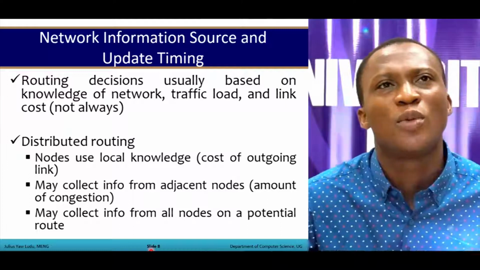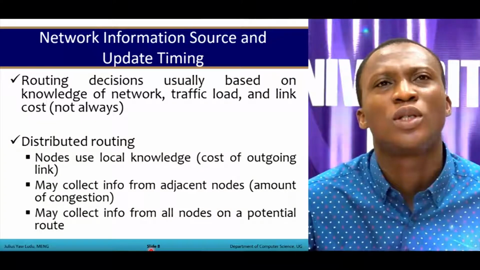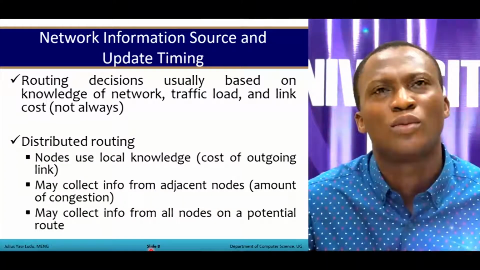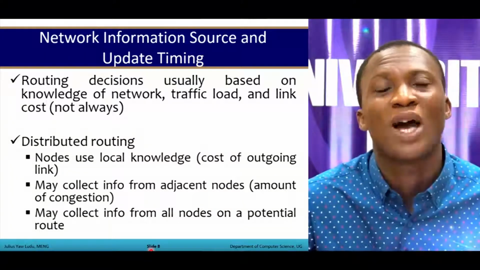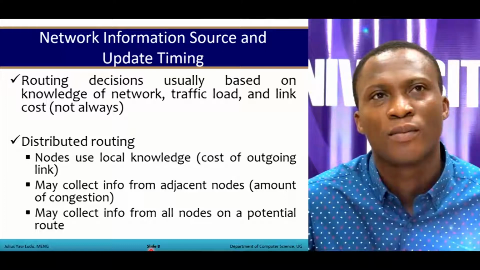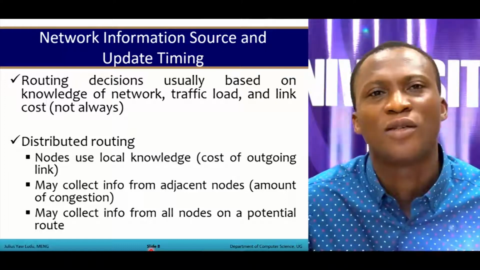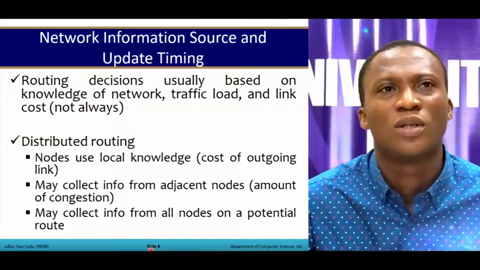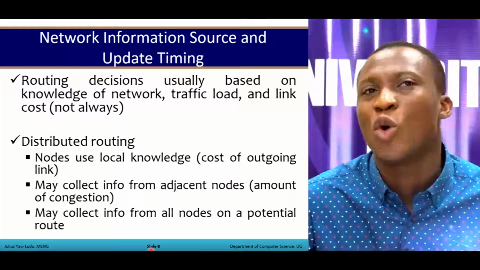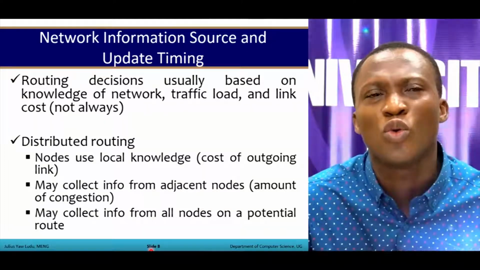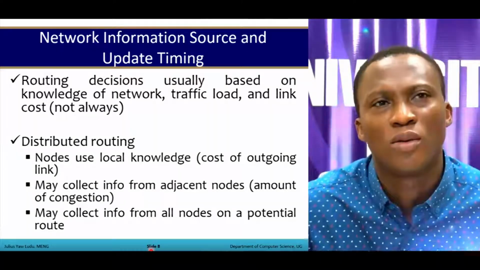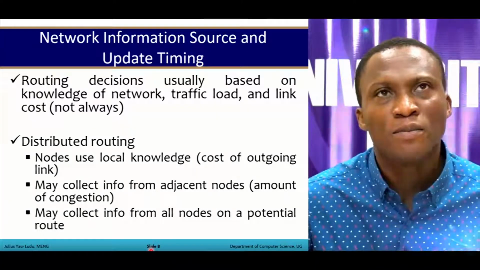Now, for distributed routing, the nodes use the local knowledge, which is the cost of the outgoing link, and may collect information from adjacent nodes, probably information on congestion, and may collect also info from all nodes on a potential route.